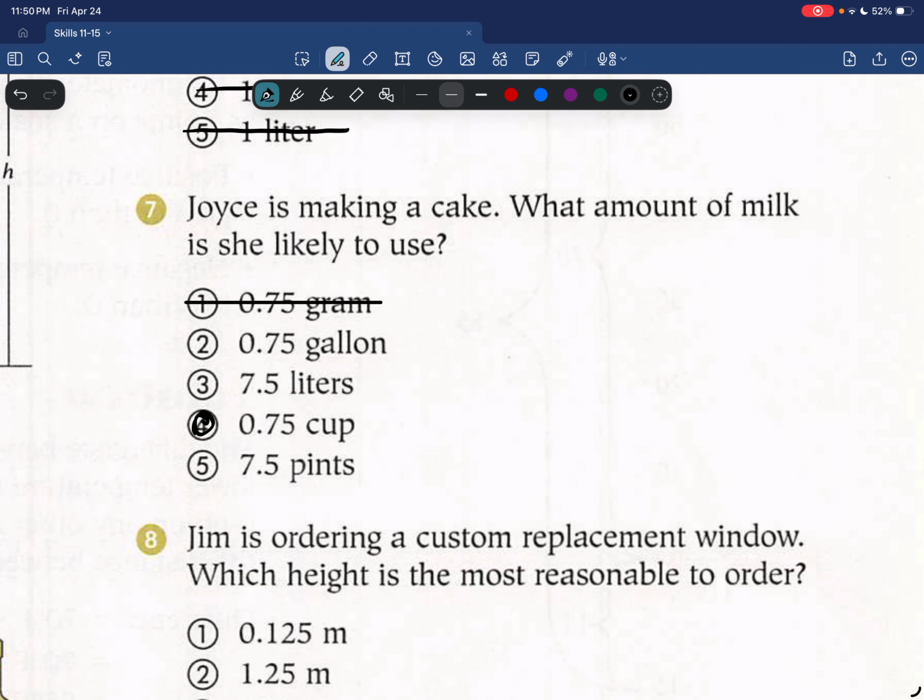And that's going to be 3/4 of a cup. The others would be way too much milk for a cake, unless it's an enormous cake. And even if it were, the recipe would probably be for a regular size cake.